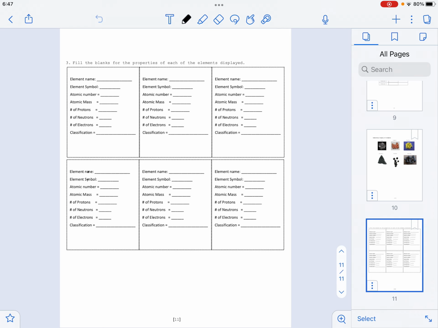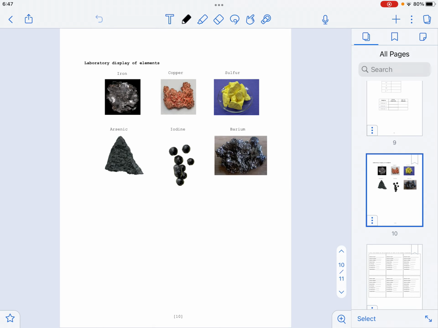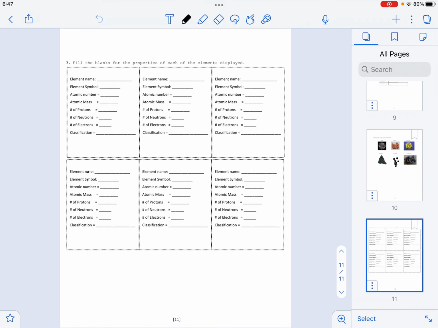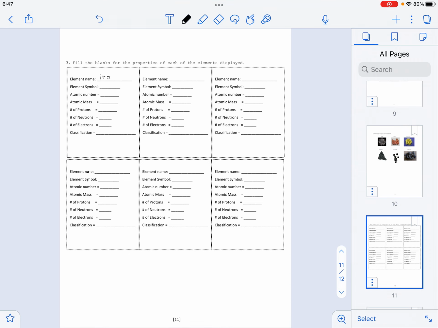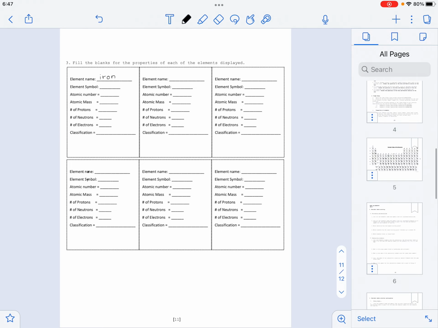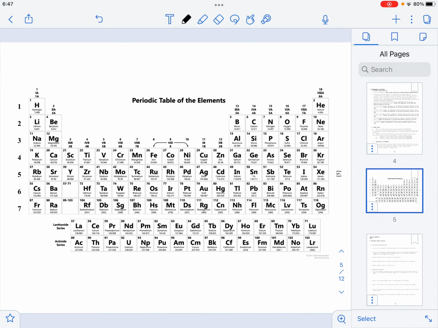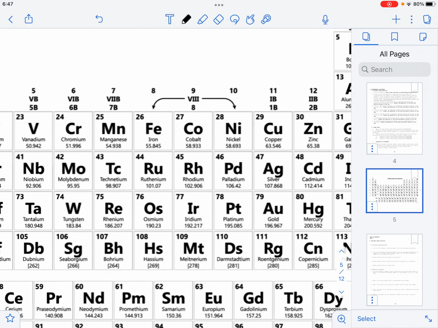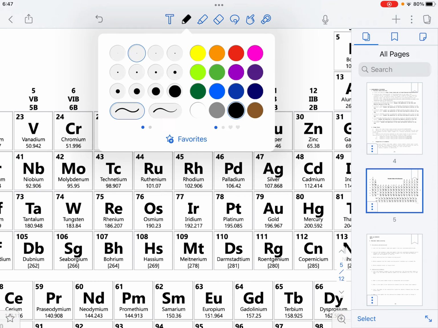So for example, the first element that we have here is iron. So I'm going to write the word iron. If I go to the periodic table, which is on page 5, and I find iron, we see that iron specifically is element 26.